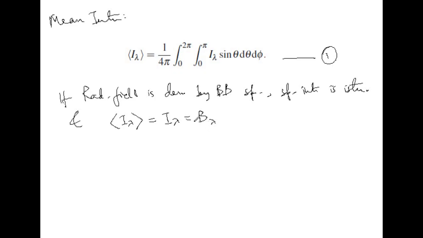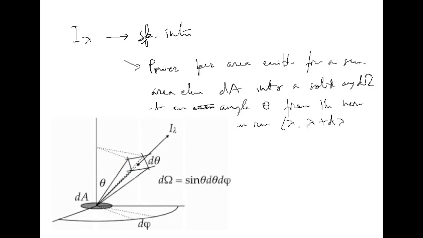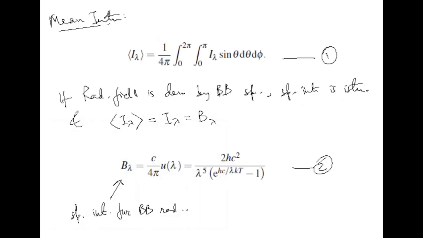This is basically the specific intensity for blackbody radiation. So till now we have described two quantities. One is the specific intensity, and now we have described the mean intensity.